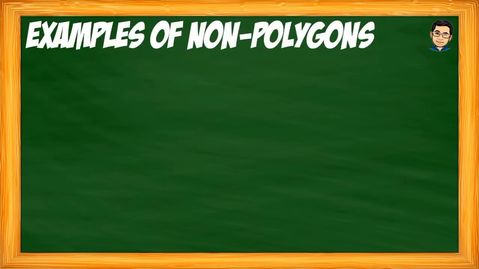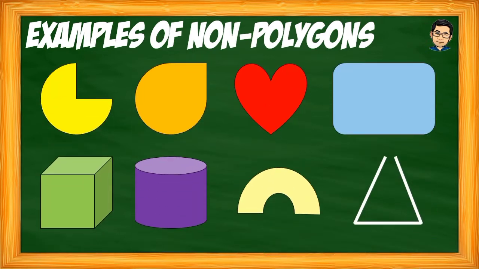If we have examples of polygons, we also have examples of non-polygons. Let's see why they are non-polygons.